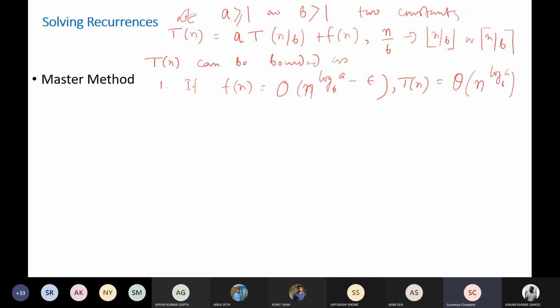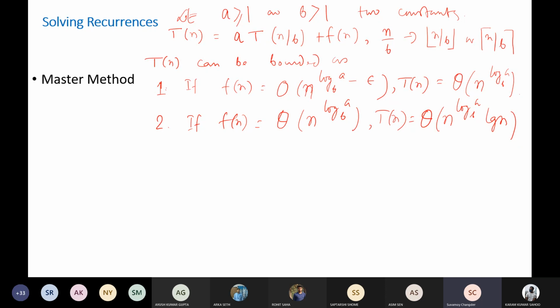So in the master method, the first case, there are three cases. The first case says that if f(n) = O(n^(log_b a - epsilon)), then T(n) can be bounded as Theta(n^(log_b a)). Next, case 2: if f(n) can be written as Theta(n^(log_b a)), then T(n) can be bounded as Theta(n^(log_b a) log n).